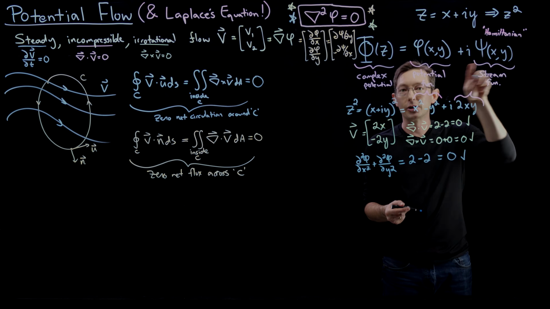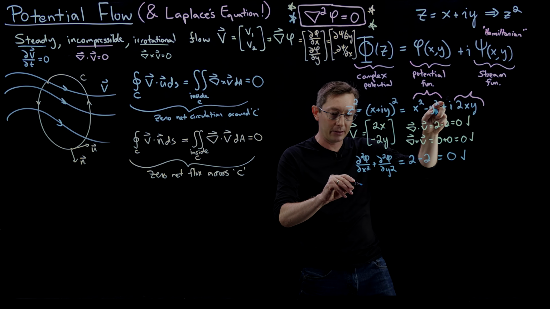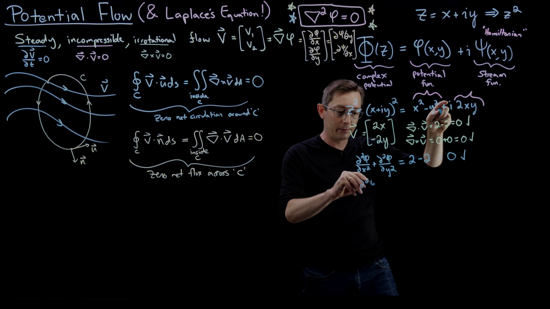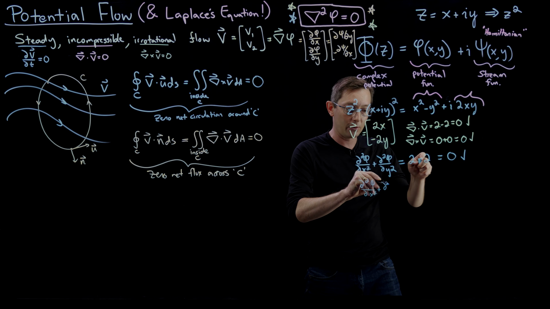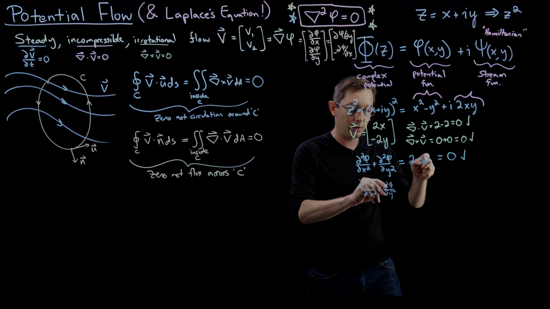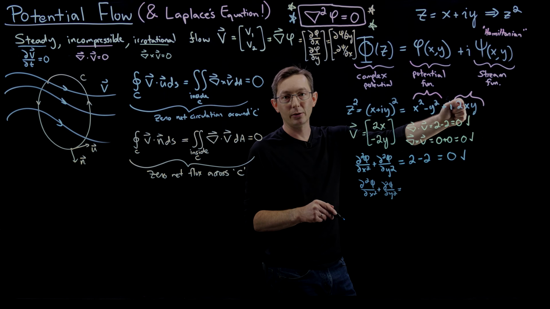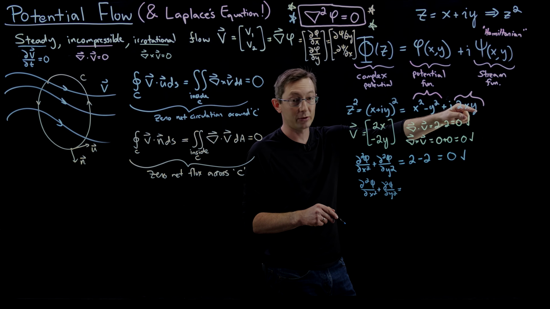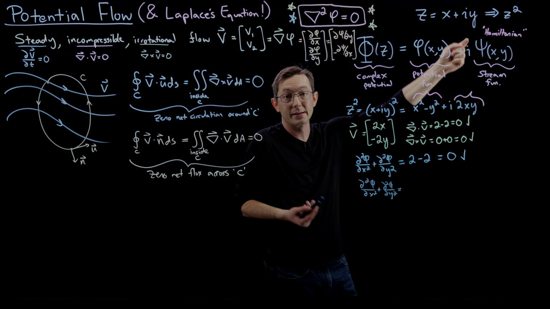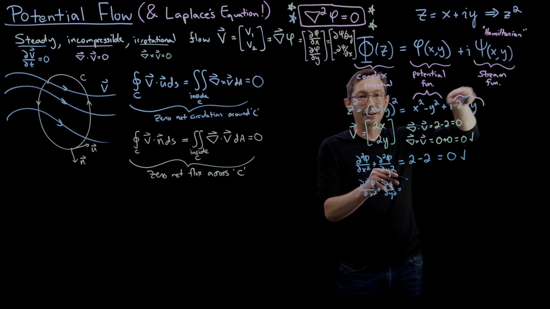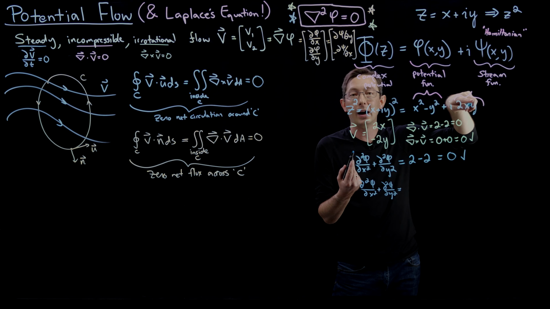It satisfies the second partial derivative sum equals 0. We'll check that the stream function satisfies Laplace's equation. Same thing: partial squared psi partial x squared plus partial squared psi partial y squared equals... Now this function, if I take its derivative with respect to x once, I get 2y. And if I take its second derivative with respect to x, it gets 0, because 2y is not a function of x. So the second derivative in x or y is equal to 0.